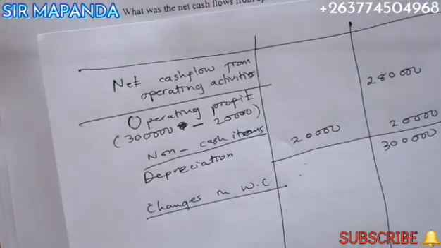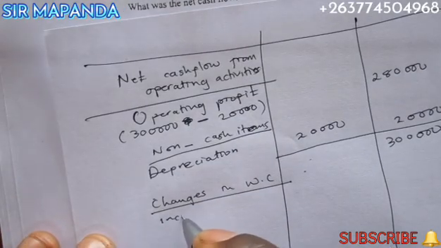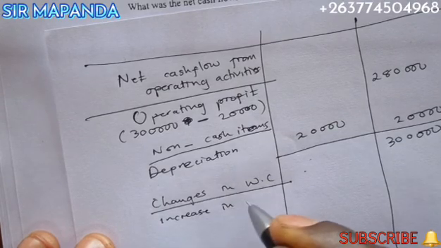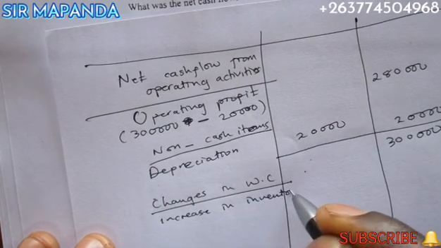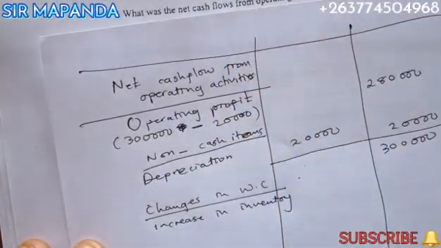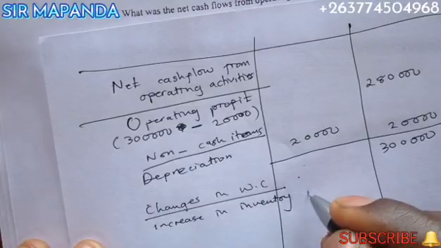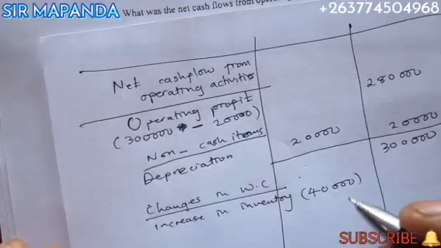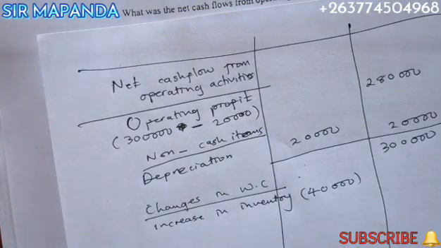Then we move on to another heading known as changes in working capital. Here we have to look at the change in inventories, change in trade receivables, as well as change in trade payables. There was an increase in inventory. The increase in inventory reflected 40,000, which denotes cash outflow. If we have an increase in inventory, it means we have invested money in stocks, so it represents cash outflow.